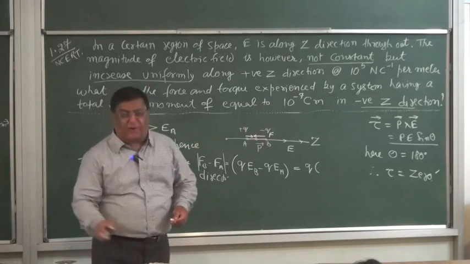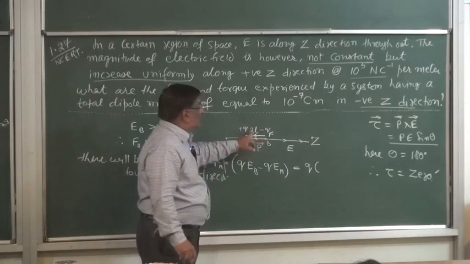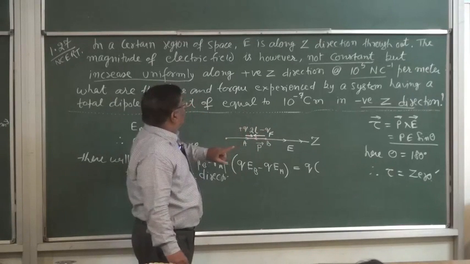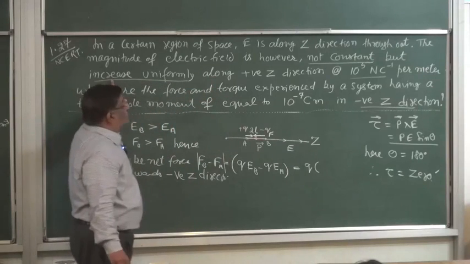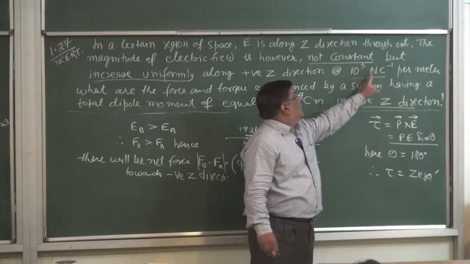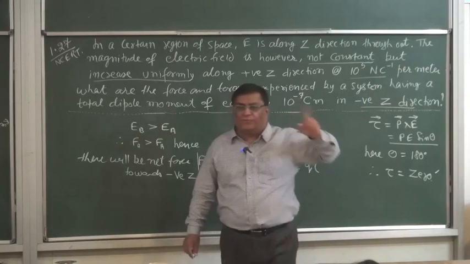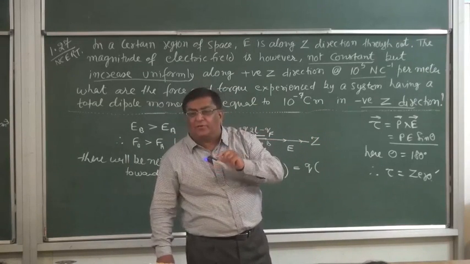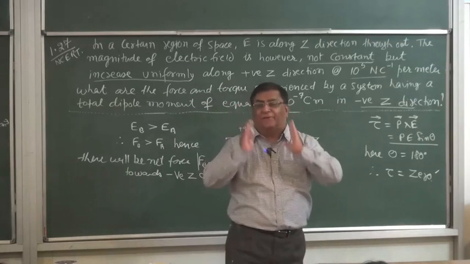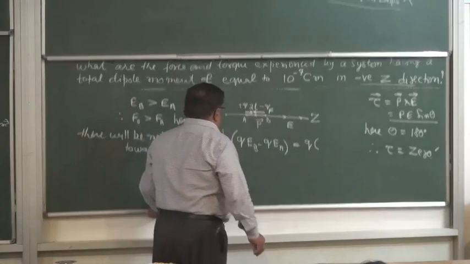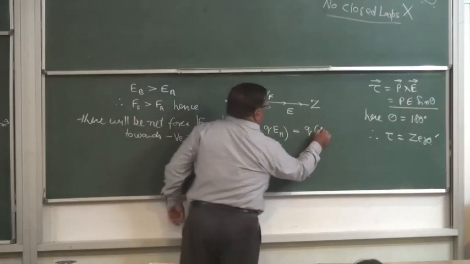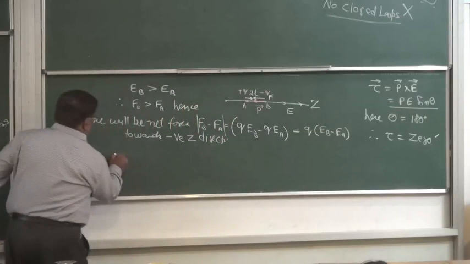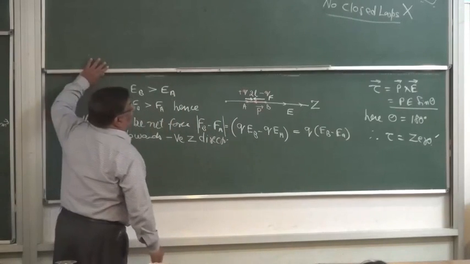This is our expression for it. ये दोनों के बीच डिस्टेंस कितना है? 2L. तो इलेक्ट्रिक फील्ड का डिफरेंस कितना होगा? इलेक्ट्रिक फील्ड का डिफरेंस कैसे निकालेंगे? ये देखिए, इंक्रीज 1 मीटर में कितना इंक्रीज हो जाता है? 10 to the power 5. तो 2 मीटर में कितना होगा? 2 multiplied by 2L मीटर में कितना होगा? 2L multiplied by this, that is the difference. तो यहां पर Q हमने कॉमन निकाला, और ये जो बचा EB माइनस EA, ऐसा आ गया. फिर से देखिए, EB माइनस EA किसके बराबर होगा?